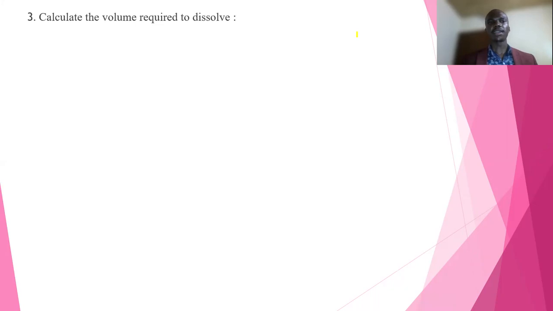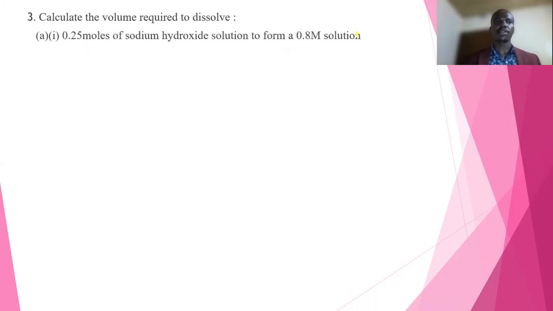Question 3, calculate the volume required to dissolve 0.25 moles of sodium hydroxide solution to form a concentration of 0.8 moles of that solution.